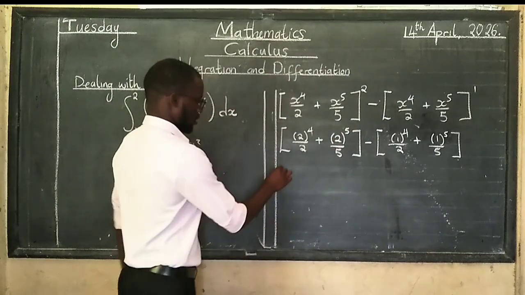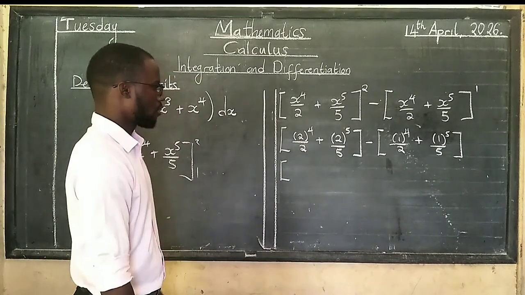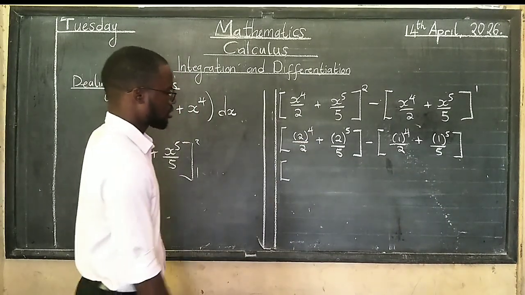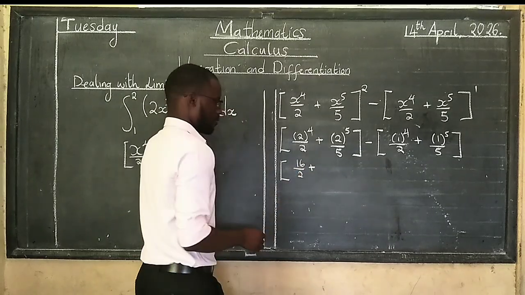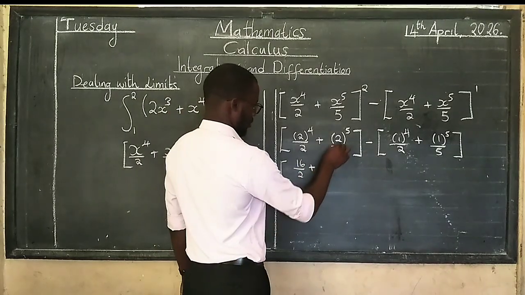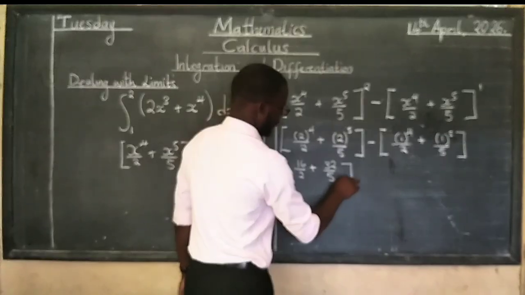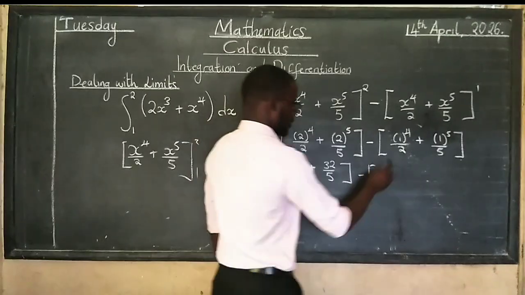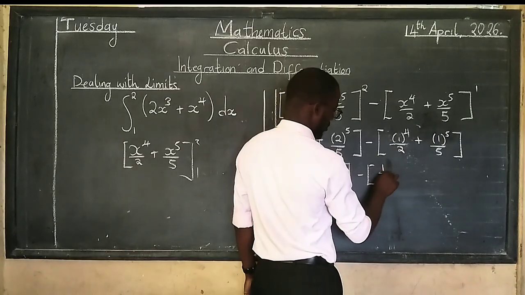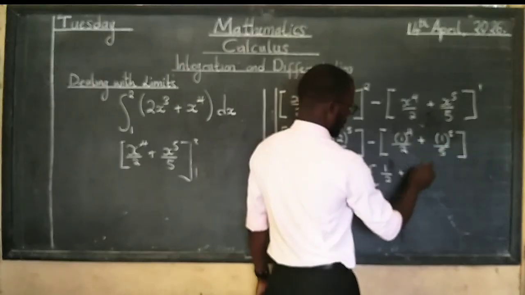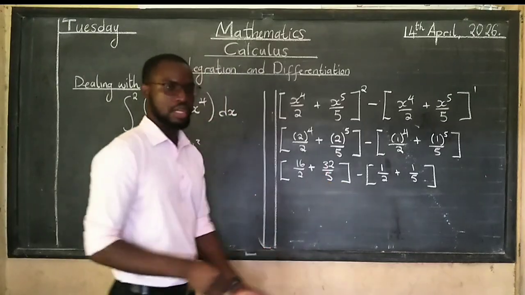Then here, 2 to the power 4 is going to give us 16 over 2, plus 2 to the power 5 is going to give us 32 over 5, minus, then here, this will just be 1 over 2 plus this will also be 1 over 5. And then you just work it out from here.